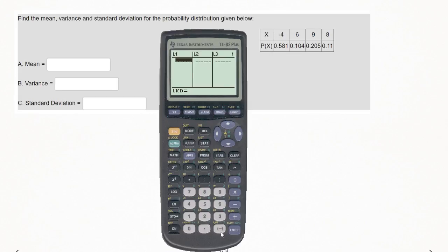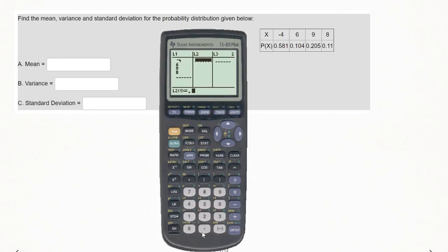So remember our first one, we just punch in our possible outcomes. So -4, 6, 9, and 8. Granted, this one is short, but we can do this pretty quickly too.